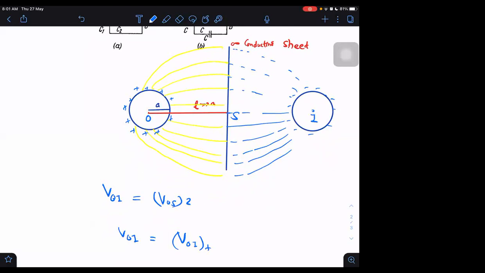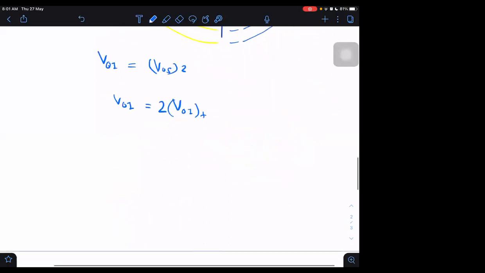If I assume only positive is existing and negative is not, then V O to I total when both are existing will be equal to 2 times V from O to I when only one is existing.